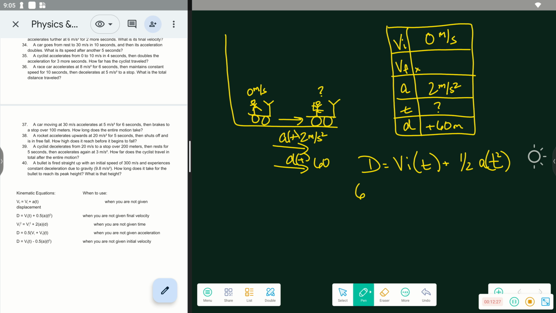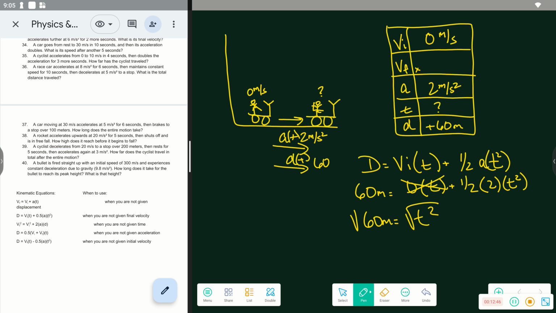D is 60 meters equals 0 times T plus 1/2 of 2 times T squared. So this cancels. What's 1/2 of 2? 1, right? So you're just left with T squared equals 60. How do you get T by itself? You take the square root of both sides, and it's 7.75 seconds for your time.